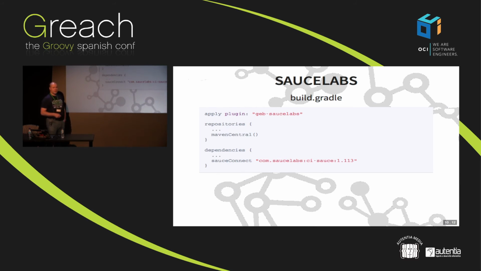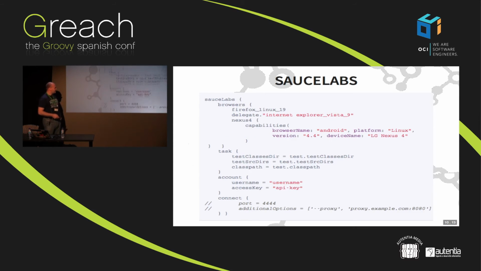It's now available in Maven Central, even though the JEP documentation says you must include a different repo. That's no longer necessary because it's not published there anymore. Include the Sauce Connect CI source, which is a collection of these Sauce Labs tools for doing CI integration. When you do that, all you need to do is define a Sauce Labs closure where you define all the browsers that you want tested.